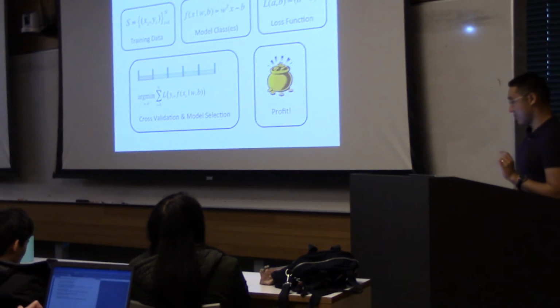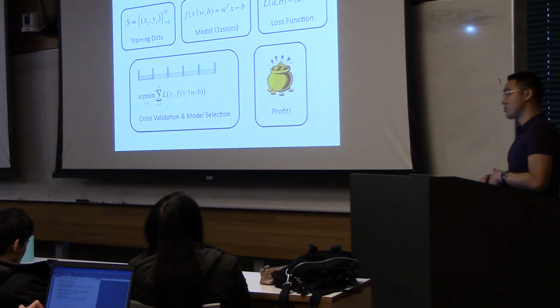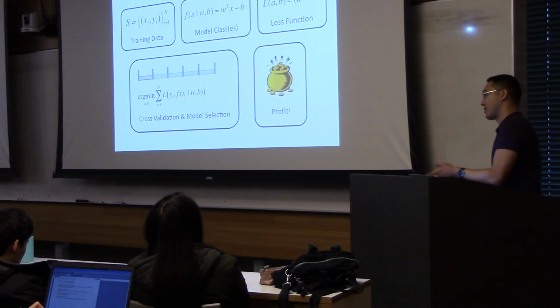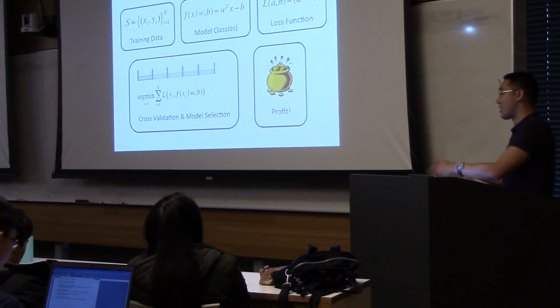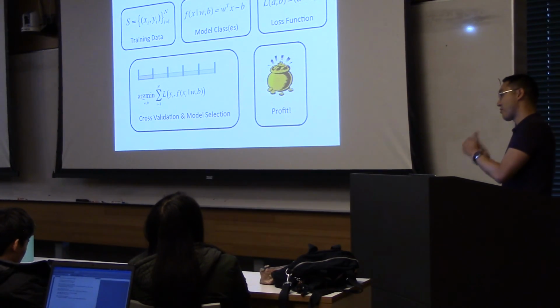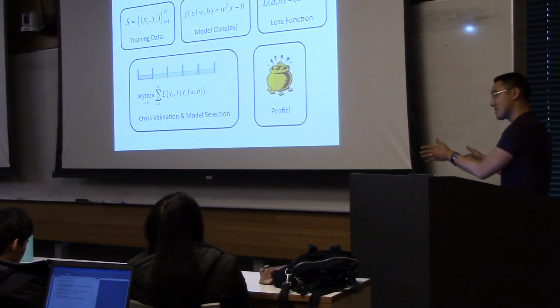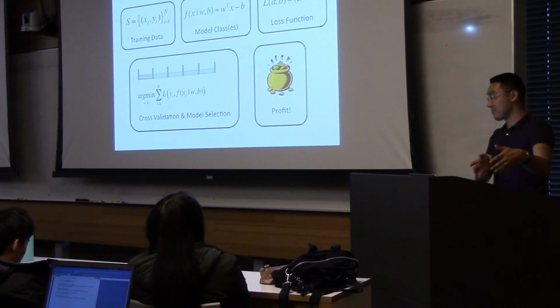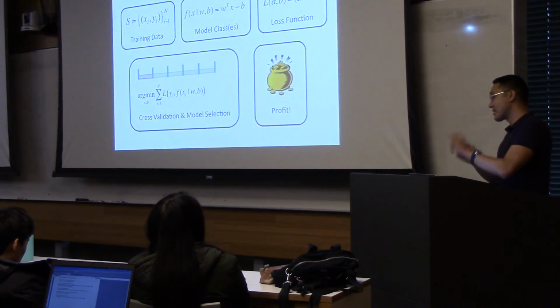Oftentimes, we think of the test distribution as unknowable, right? It's just because there's no way to know it. One can approximate it by collecting a test set, similar to how one collects a training set, that's representative. And so now we can approximate the test error from a test set that's sampled from the test distribution in a similar way to how we collect the training set. Right? So you're asking about that setting.